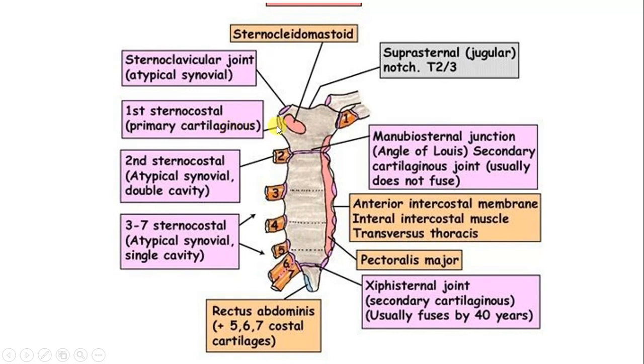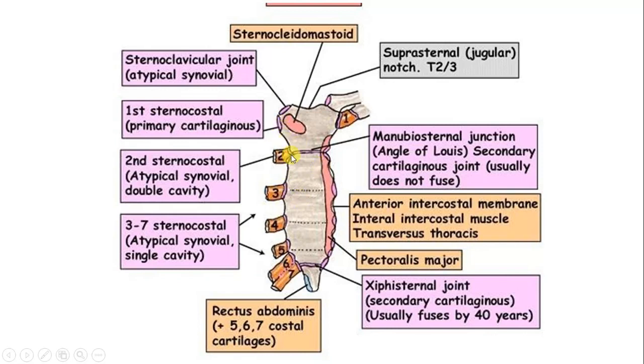Then you will understand that the anteroposterior diameter increases during the pump handle movement: the sternum as well as the first rib move upward, and the movement of the first rib is occurring at the costovertebral joint posteriorly at the T1 vertebra.